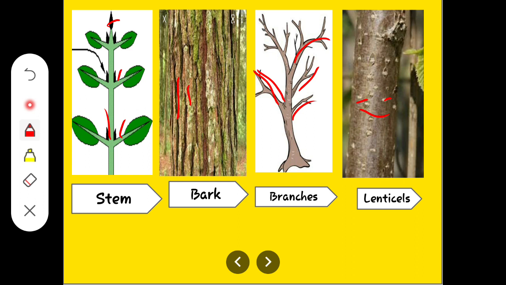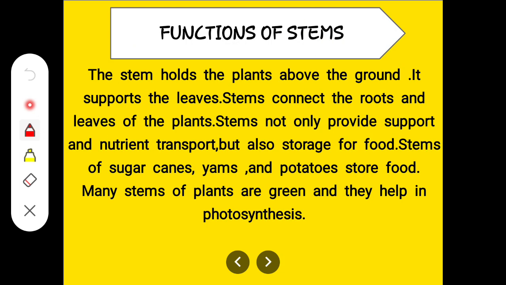Okay, do you understand? So what is the function of stems? The stems hold the plants above the ground. It supports the leaves. Stems connect the roots and leaves of the plants. Stems not only provide support and nutrient transport, but also storage for food.